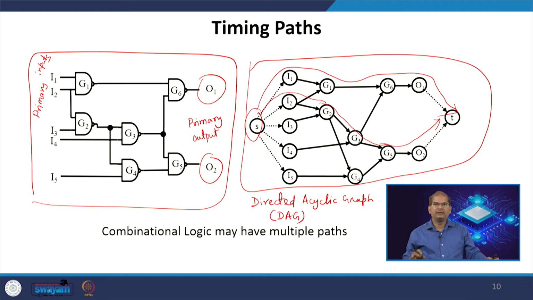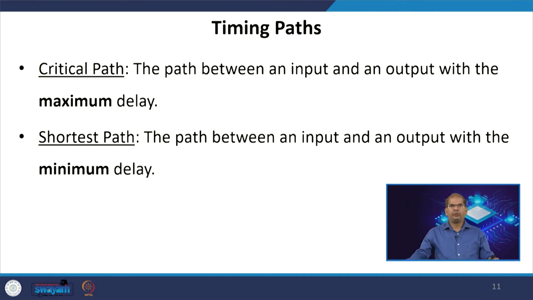All the paths need to be analyzed by the STA tool in order to find the worst case critical path inside the design. I have several paths, critical path and the short path. Critical path is basically the path between the input and output with the maximum delay.